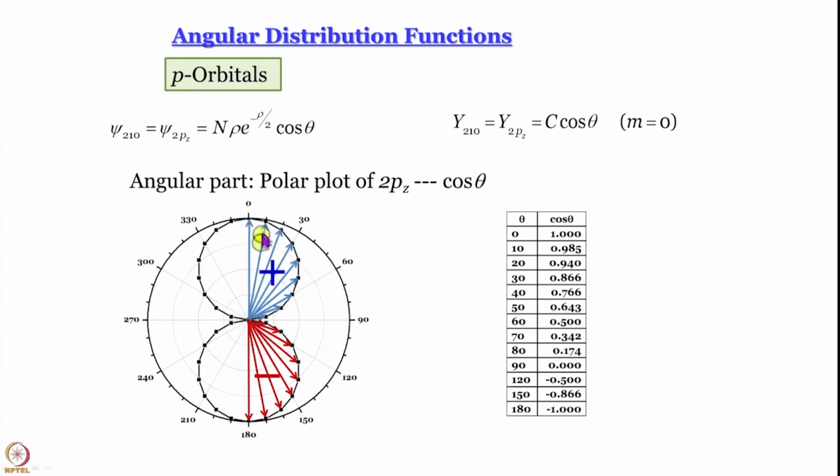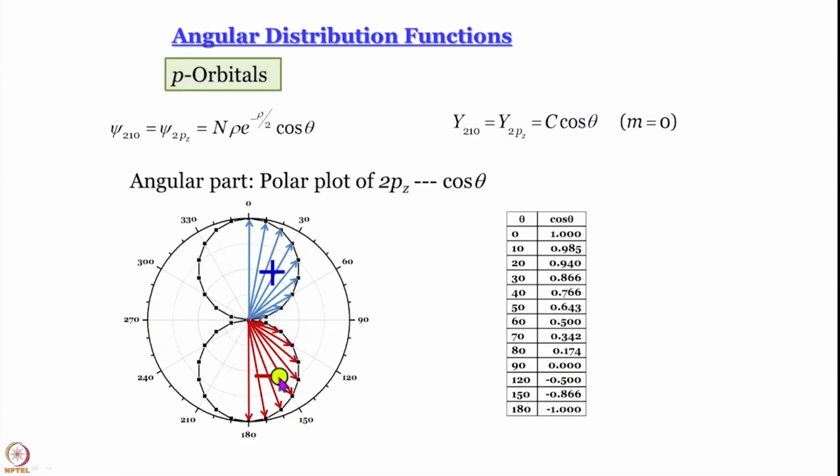So this is how the lengths of the arrows are going to decrease. Remember, the length is what determines the value of cos theta. So you get this kind of a curve. What happens when you go beyond 90 degrees? You start getting negative values. There is no way in which we can show negative here.